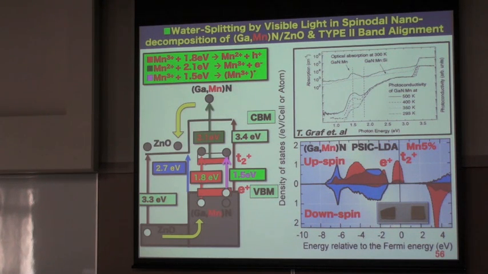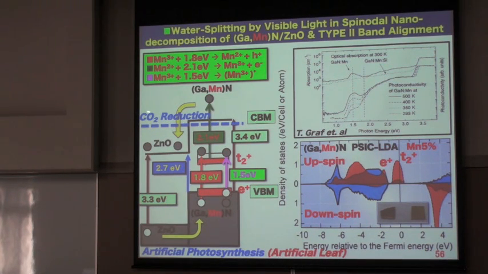But another interesting point is I found that the CO2 reduction energy level is just below the gallium nitride conduction band. This means we can try artificial photosynthesis. Using the visible light, you can excite the electron from here to here to here.